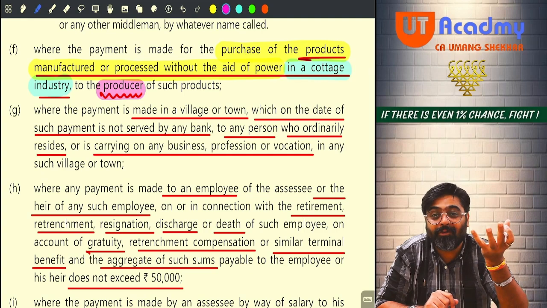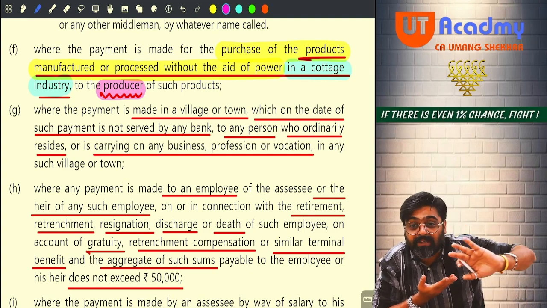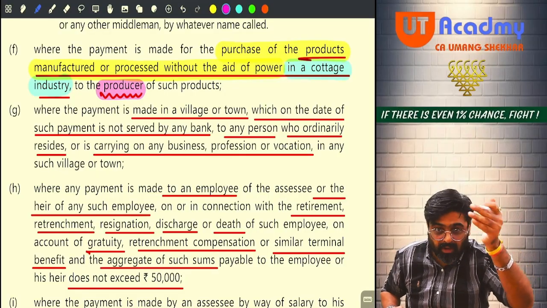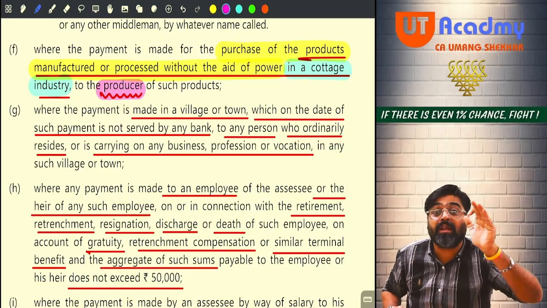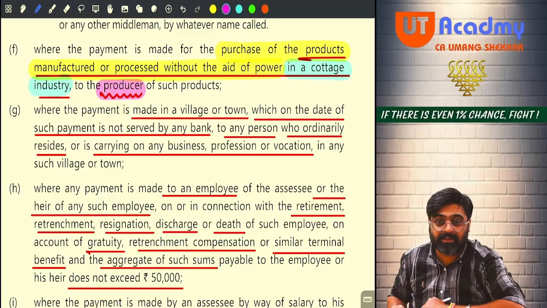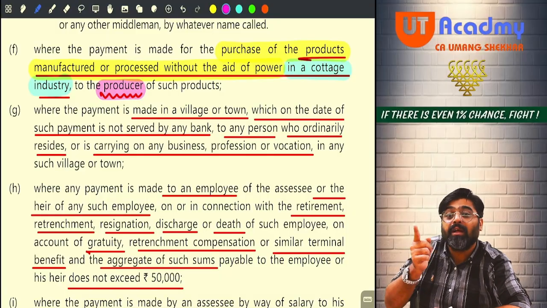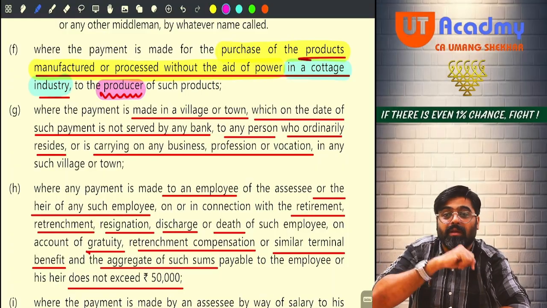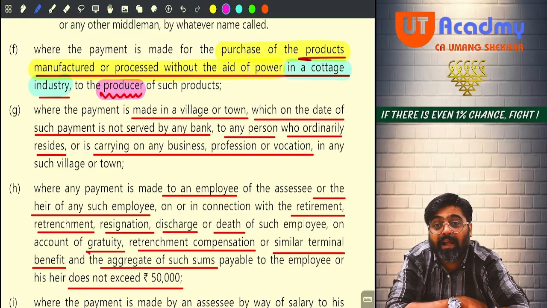Without the use of electricity means without the use of machineries. So these are not machine-made products; these are handmade cottage industry products because they are made without the aid of power. Handmade items of cottage industry.